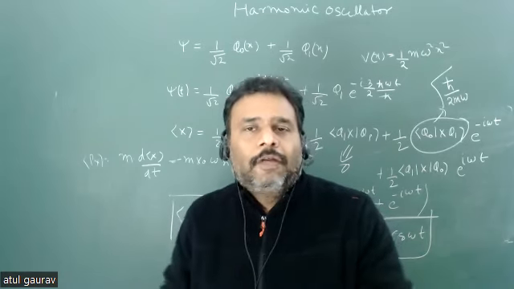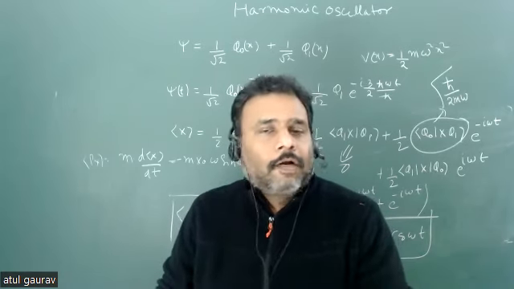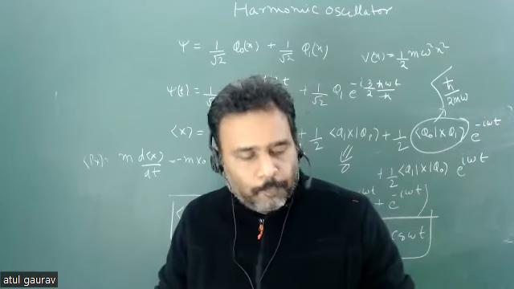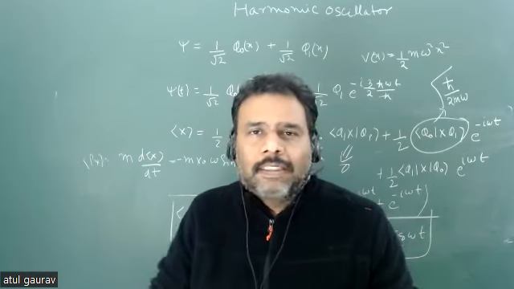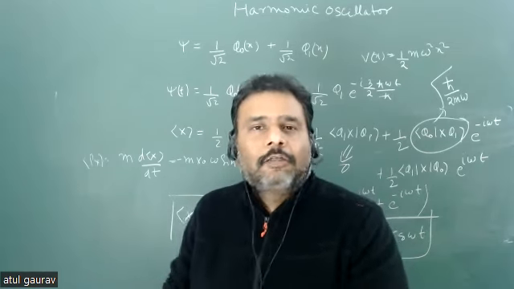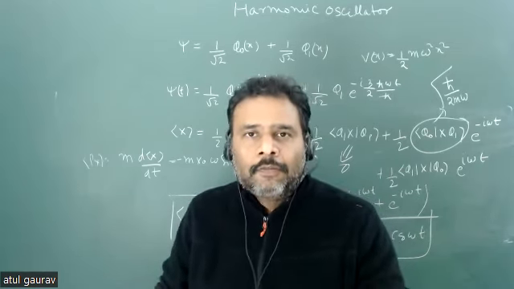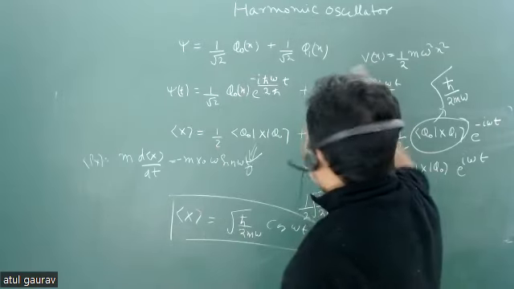In general, if someone asks you how your position is varying with time, you will always say something like a cos omega t or sin omega t, depending on initial condition, if this is my potential.